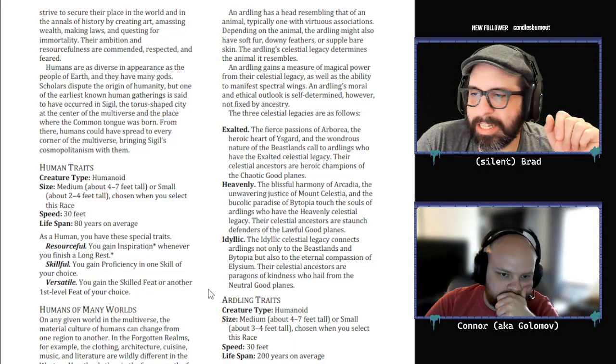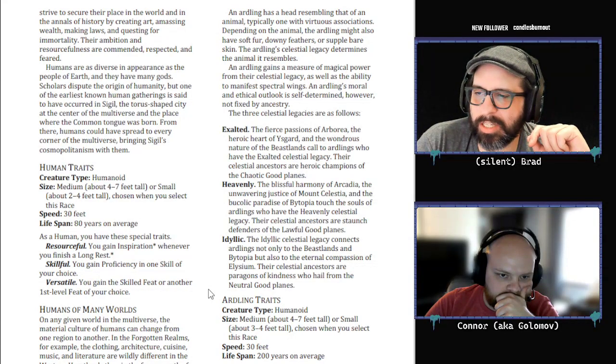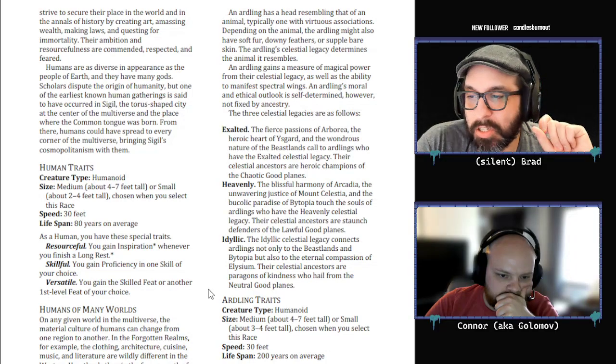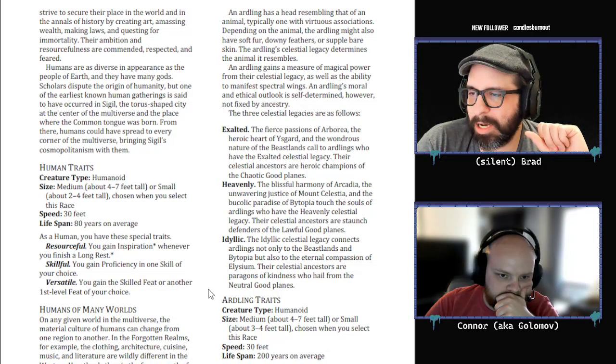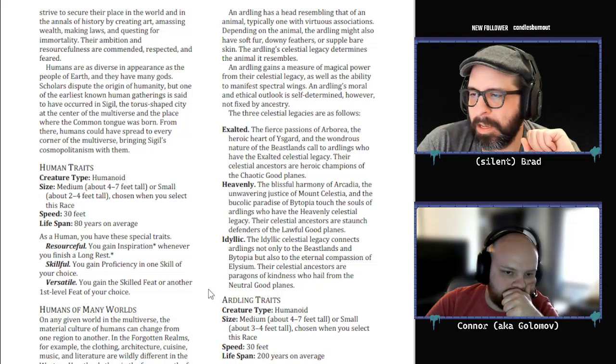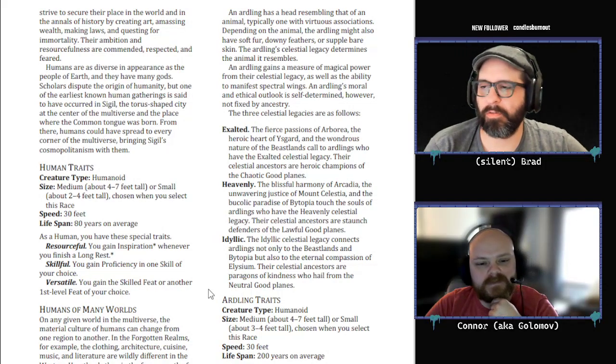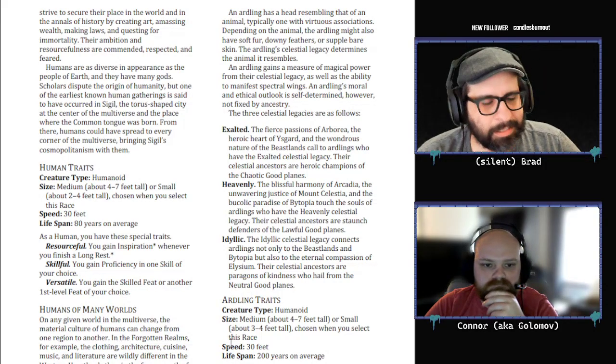Their celestial ancestors are staunch defenders of the lawful good planes. And then Idyllic Celestial Legacy connects Ardlings not only to the Beastlands and Bitopia, but also to the eternal compassion of Elysium. Their celestial ancestors are paragons of kindness who hail from the neutral good planes.